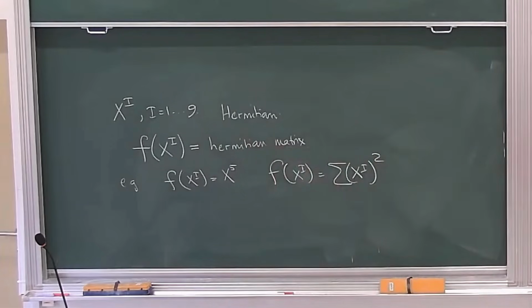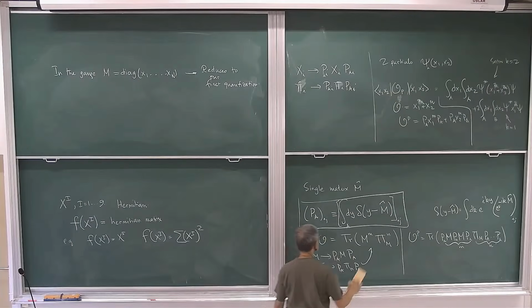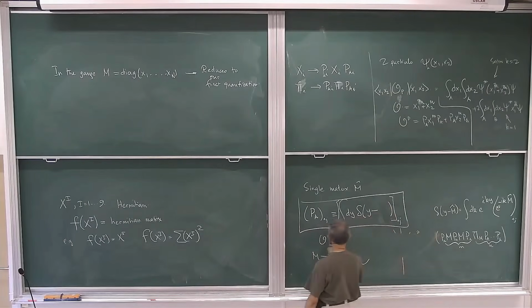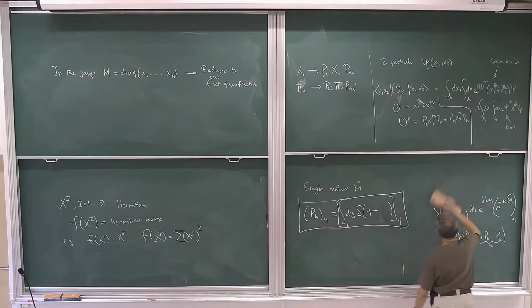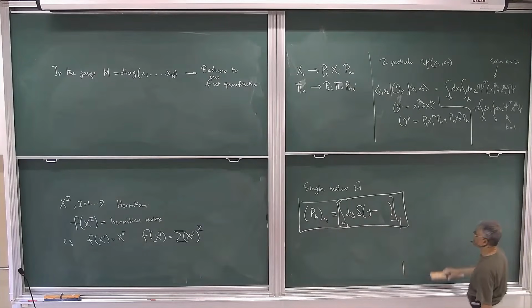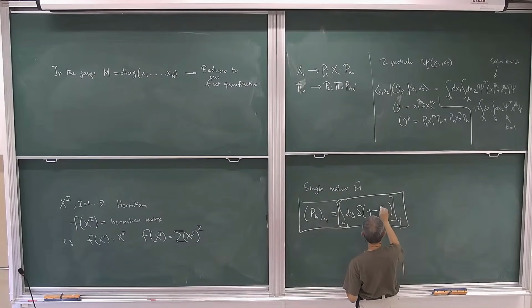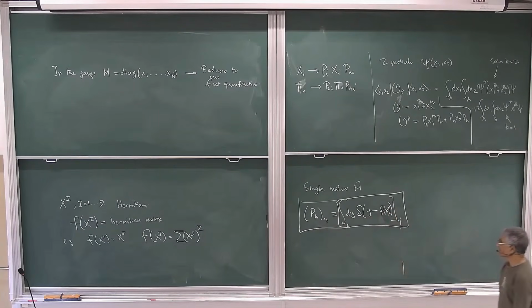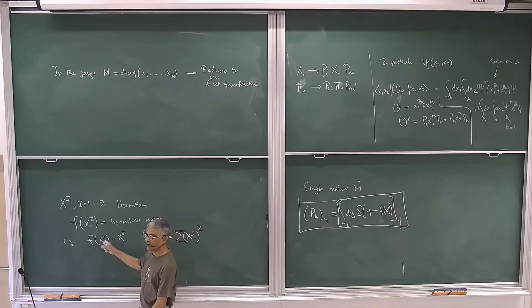Okay? Now what I can do is replace that M here by that F. M was 1 matrix. I traded that 1 matrix with a Hermitian combination of 9 matrices. My choice.